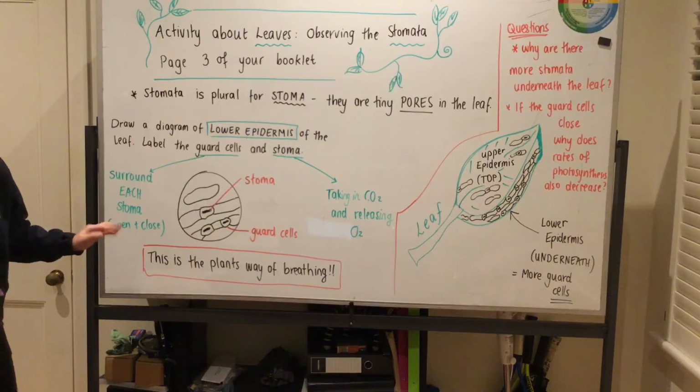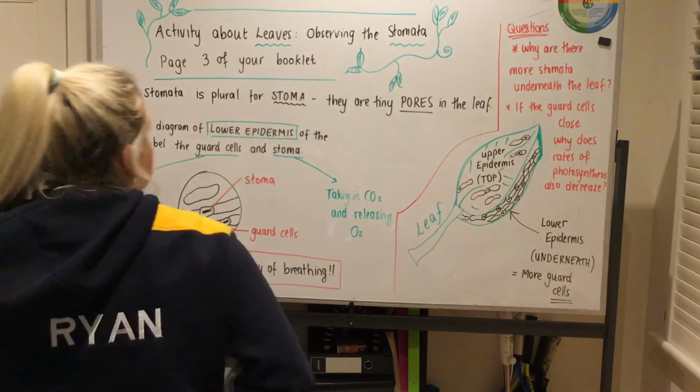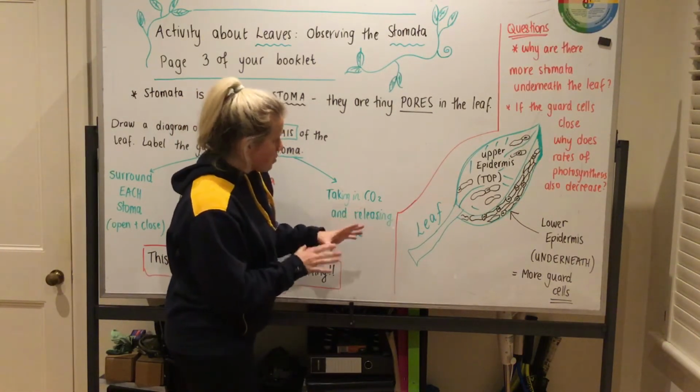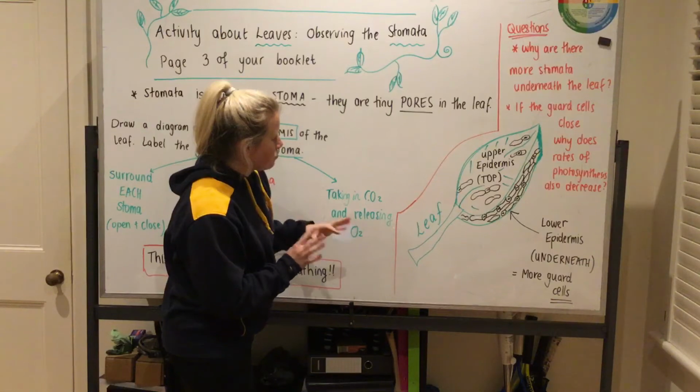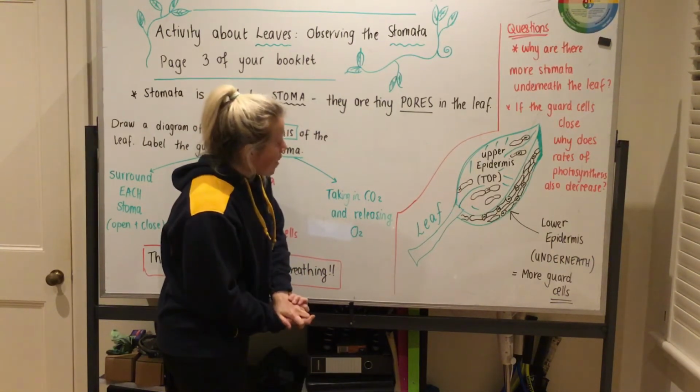Cool. So I'll pop these pens down. Let's come over here. This is my three-dimensional diagram of a leaf.